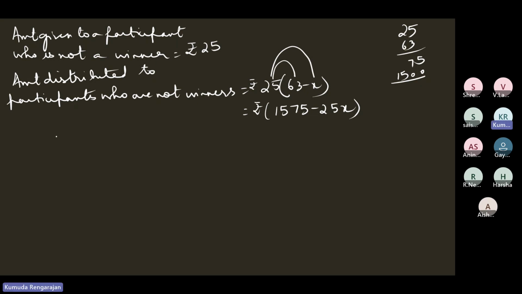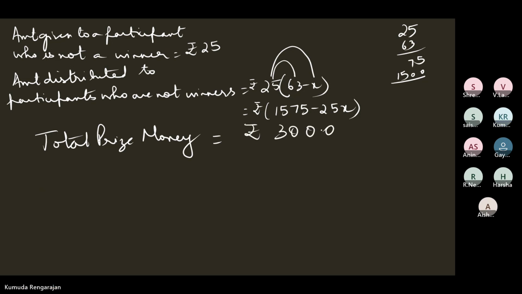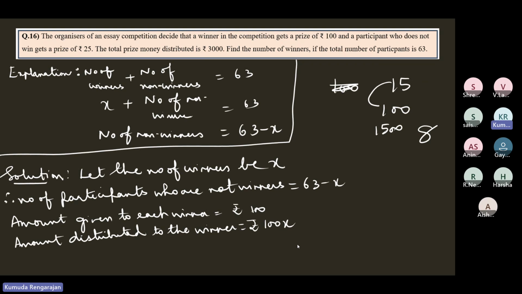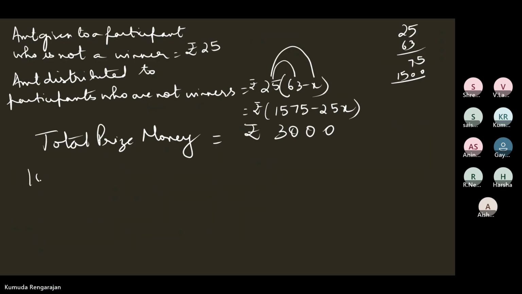Now the total money given away is 3,000 rupees. Total prize money distributed is rupees 3,000. So how much did the winners get? 100X. And how much did the participants who are not winners get? 1575 minus 25X.